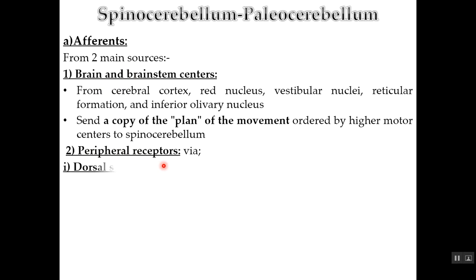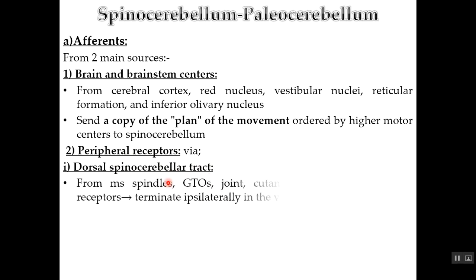The peripheral receptors via what? Via the dorsal spinocerebellar tract. From the muscle spindle or Golgi tendon organ or joint or cutaneous touch receptors and pressure receptors, this dorsal spinocerebellar tract will terminate ipsilaterally in the vermis and the paravermal zone, on the same side.